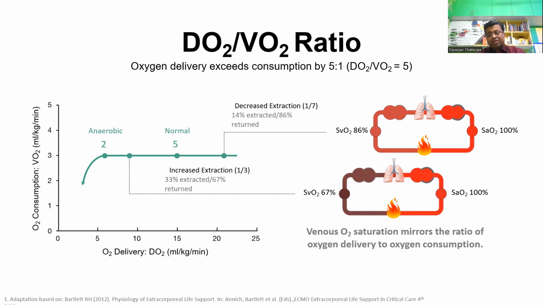So if you have a lower venous saturation in the blood, that will predict that either there is an increased requirement, there has been increased extraction, or the delivery to the tissues is less than the optimum.